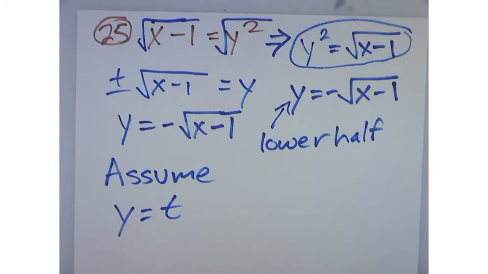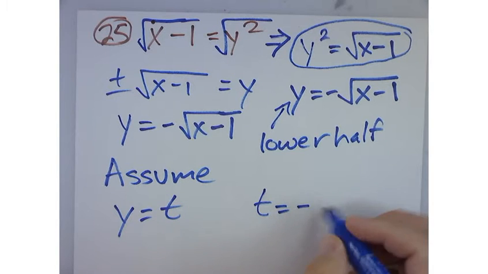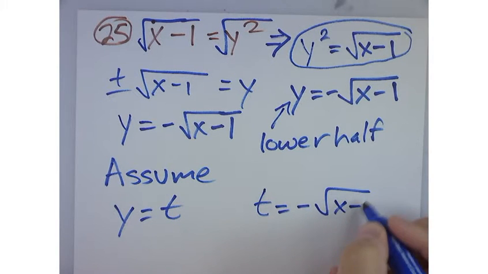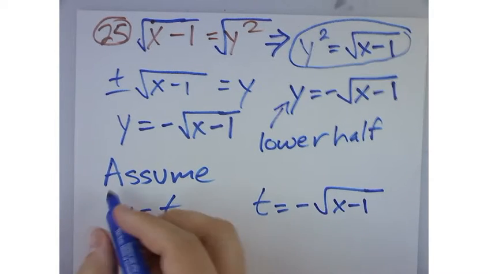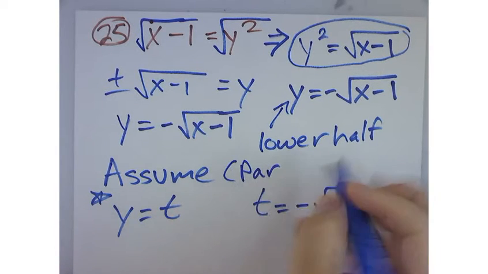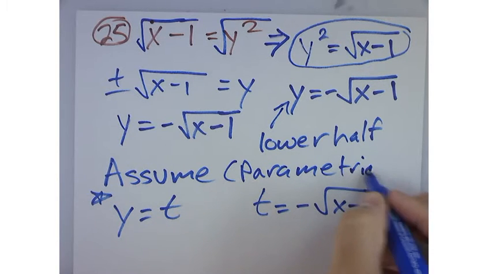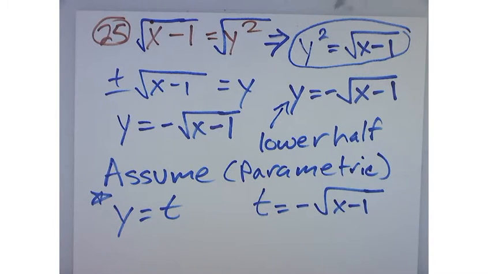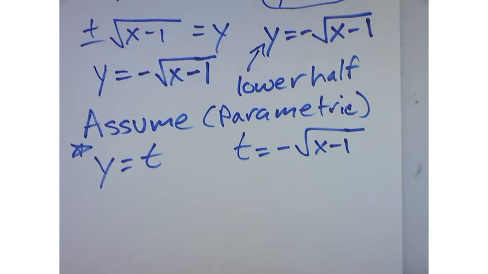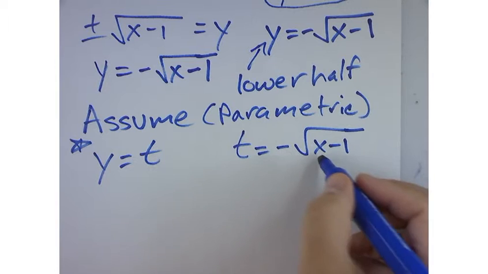So if y equals t, then what does t have to equal? Negative square root of x minus 1. So if this is my parametric equation for y, how do I get the parametric equation for x? You solve for x.